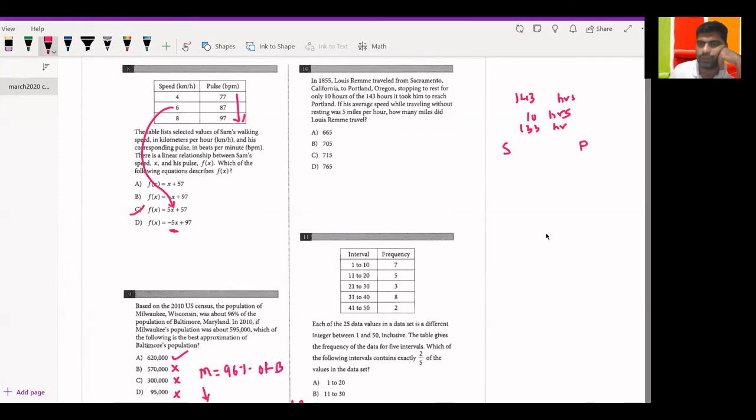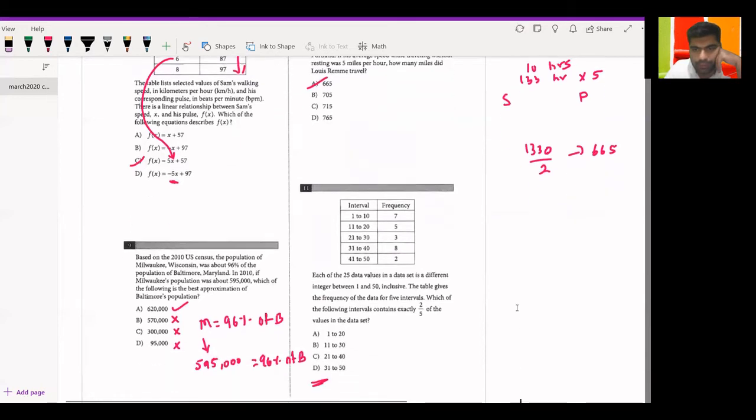So 133 multiplied by 5 will be the total distance. So half of 1330, because if you multiply by 5, it's the same as multiplying by 10 and dividing by 2. So 1300 is 650, 665.